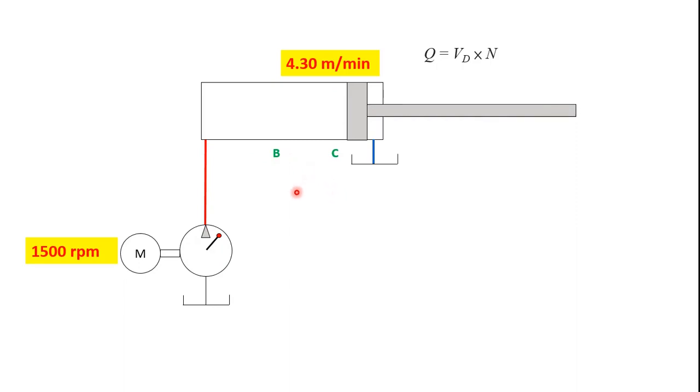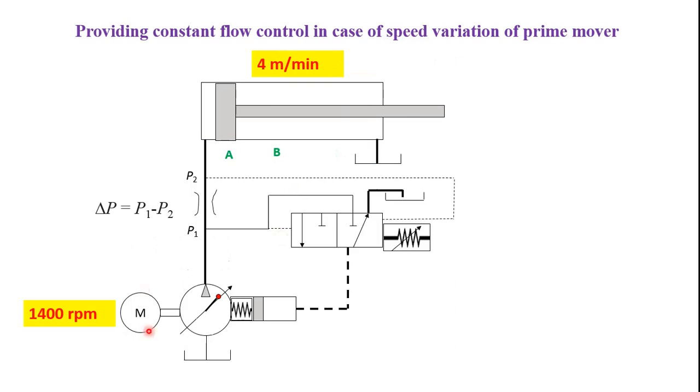However, our objective is to maintain a constant speed of piston. So, instead of a fixed displacement pump, if we use a variable displacement pump, we can build the circuit with a control orifice and a control valve. The pressure difference across the flow control valve is delta P, which is equal to P1 minus P2.